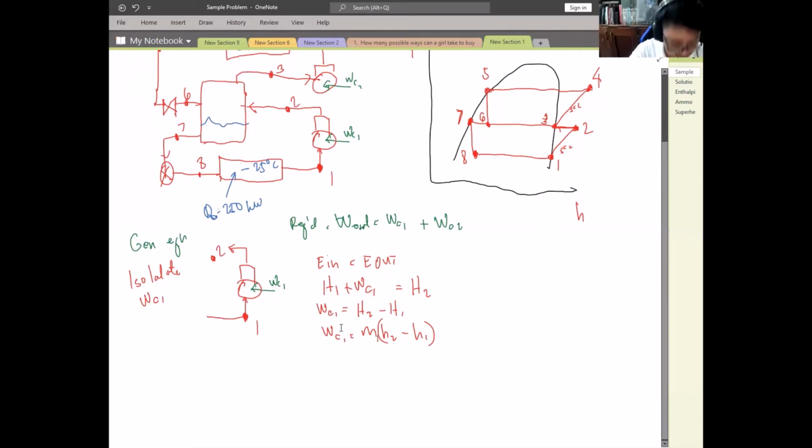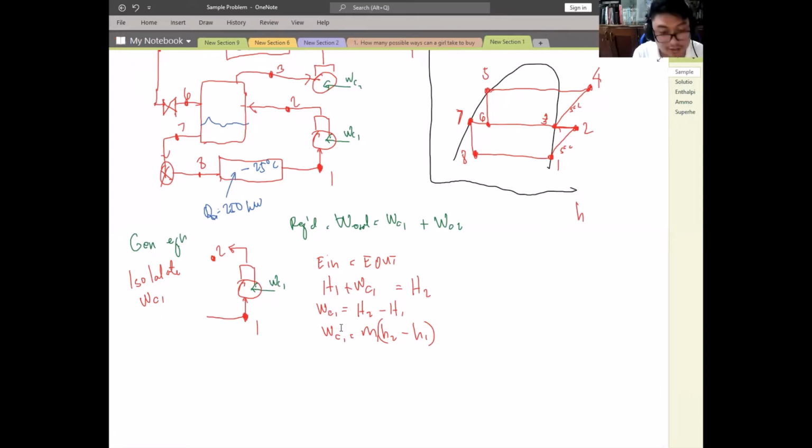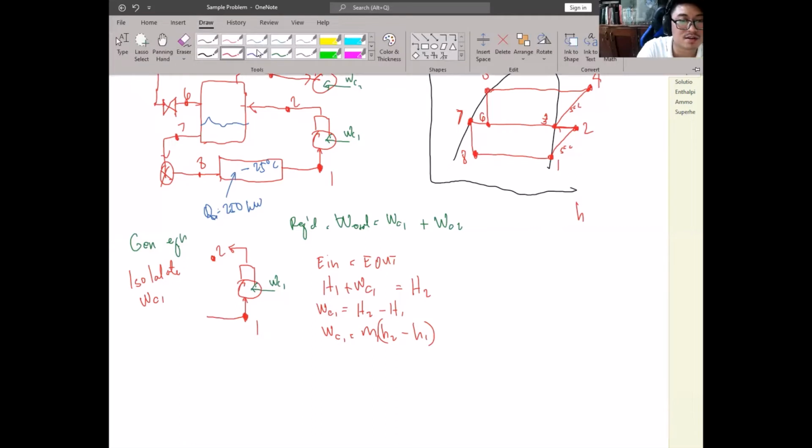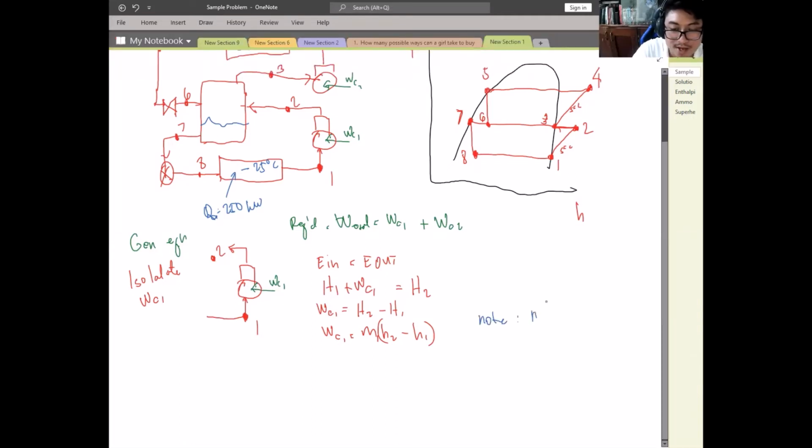At saka kung mapapansin mo rito, si mass 1 natin is equals to, lagay lang natin dito, note. So mass 1, since nasa isang connection lang ng ating work of the compressor si 1, si 0.1, 0.8, 0.7 and 0.2.